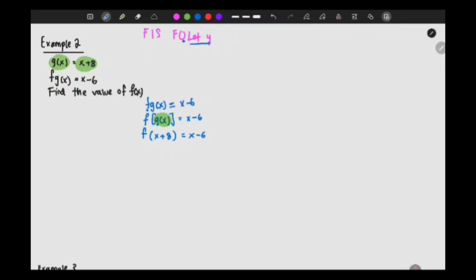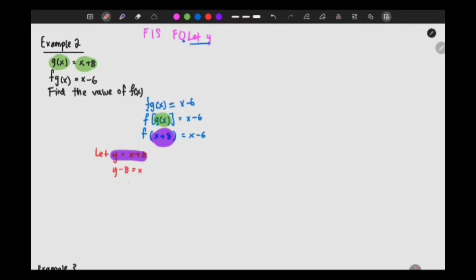So let y equal to what? Always the bracket, which is the x plus 8 inside. Always let y equal the bracket, and start with single y and single x. So y minus 8 is equal to x. So your x is y minus 8.